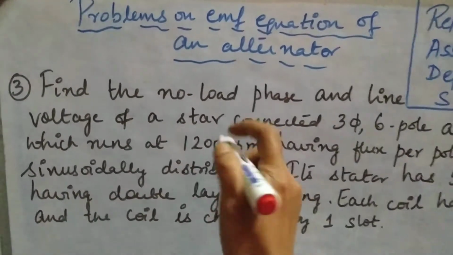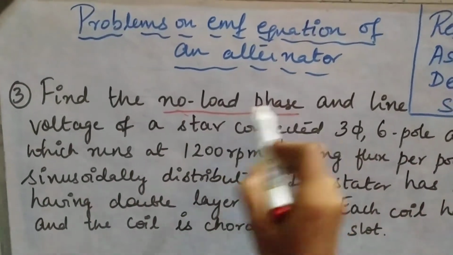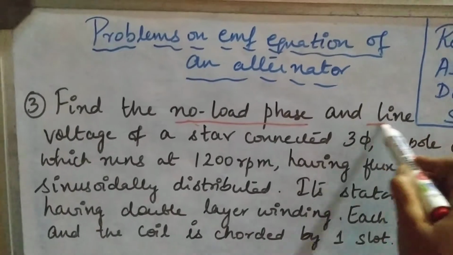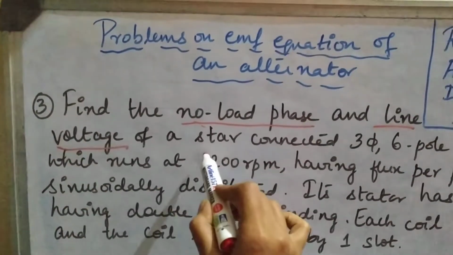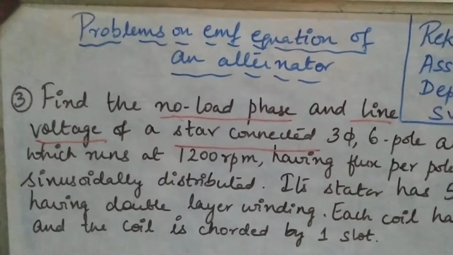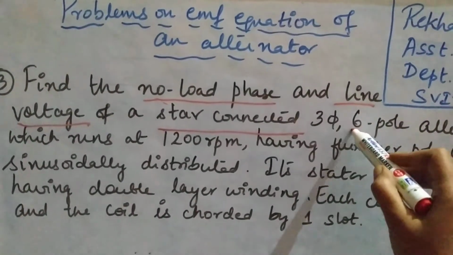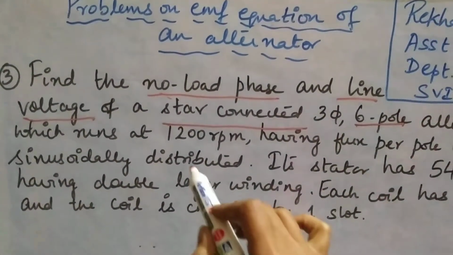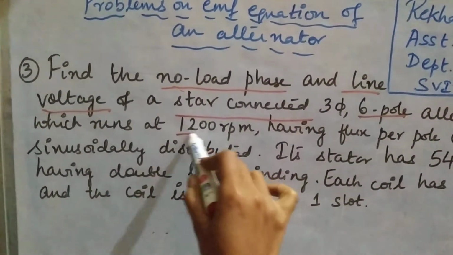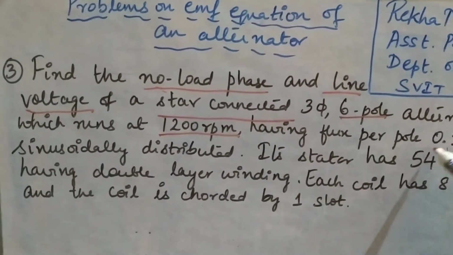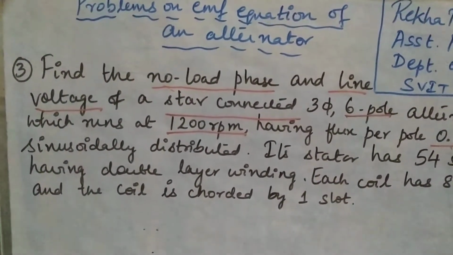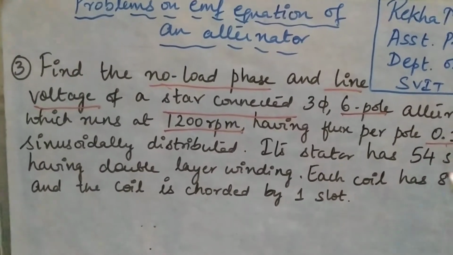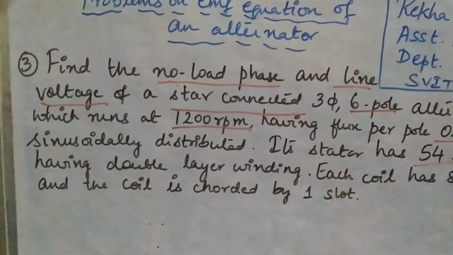We have to find the E phase and the E line voltage, with a star connection, a 6-pole machine with a synchronous speed of 1200 rpm, flux per pole 0.1 Weber, and they have clearly mentioned it has 54 slots.